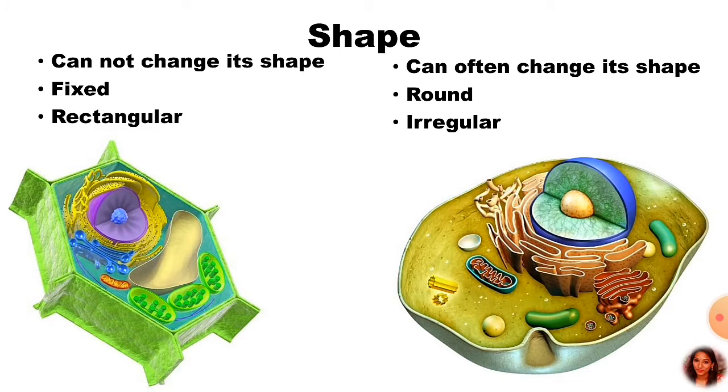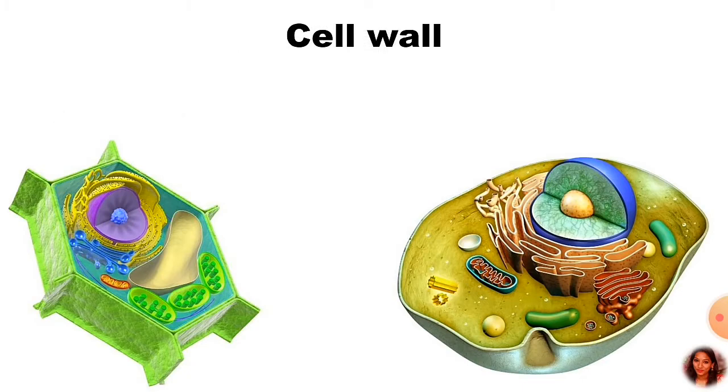So they are irregular. Now if we talk about the cell wall, it is present in the plant cell, but it is completely absent in the animal cell. Because the plant requires more protection, it possesses the cell wall. But in animals, the outer covering of the skin protects the whole body, so there is no requirement of a cell wall in each and every cell.